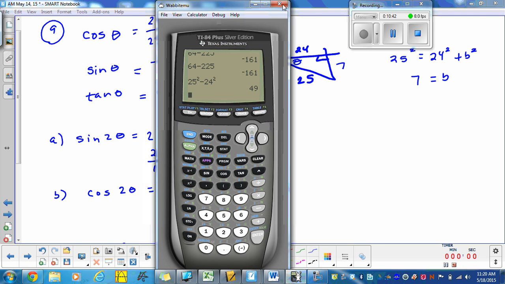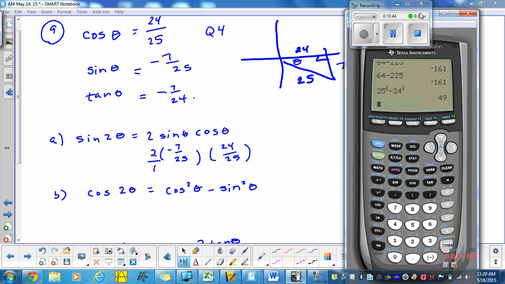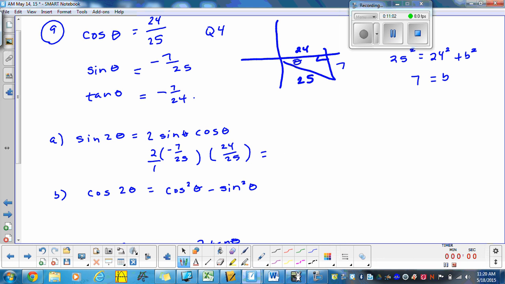So as a fraction, we do multiply these straight across. 2 times 7 times 24, and that's 336. And it is going to be negative because we have one negative sign in there. So this is equal to negative 336. And 25 times 25 times 1 is 625.